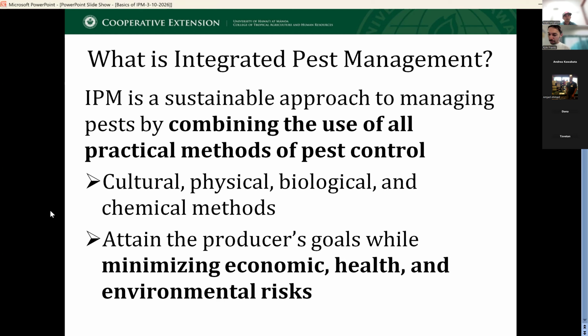Again, the goal is to minimize the economic, health, and environmental risk of that pest that you are trying to deal with. In many cases, which is typical in life, you will not be able to eliminate that pest completely. We have good examples. COVID, how much they tried to stop it. At some point it started evolving, and we ended up dealing with it rather than being able to eliminate it.